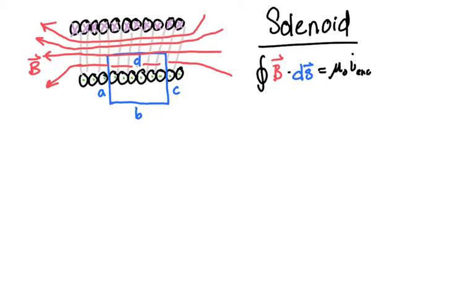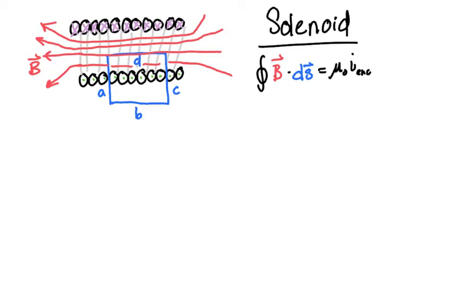Now, as far as applying Ampere's law to a solenoid, I'm going to choose my Amperian loop that is closed to go along the path A, along B, along C, and along D, back to where I started. So first I'm going to look at part A, then I'll do B, C, and D.